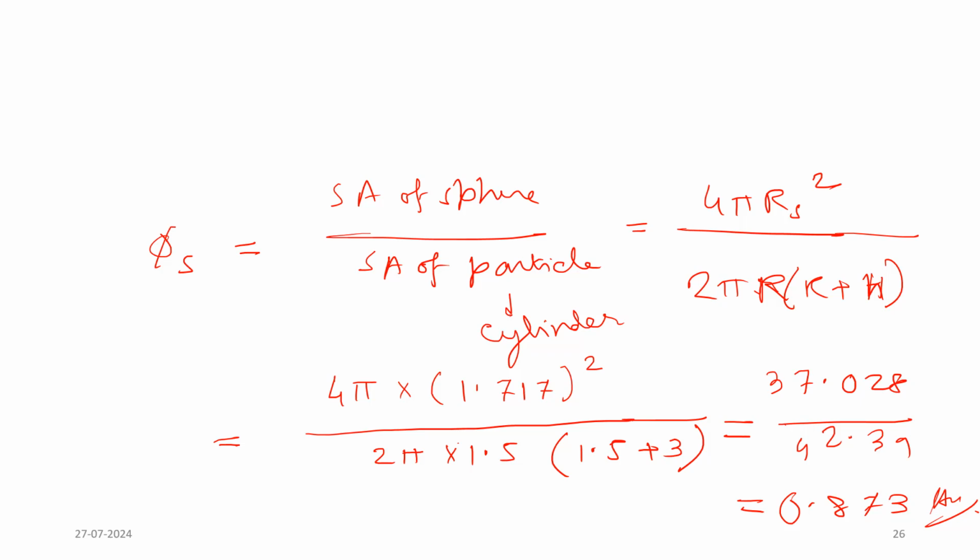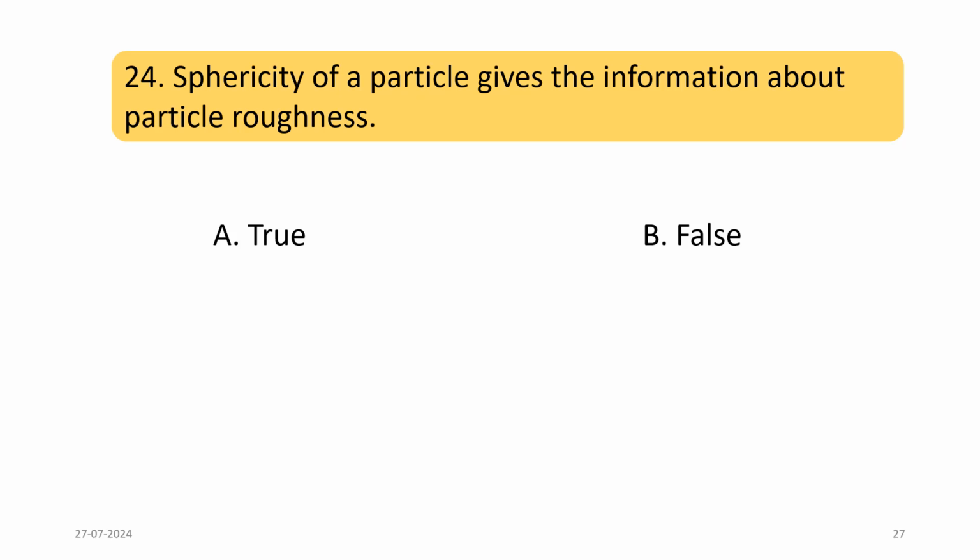Okay, proceeding to the next question. Sphericity of a particle gives the information about particle roughness. Is it true or false? No, particle roughness means how rough it is, and sphericity cannot give that information.